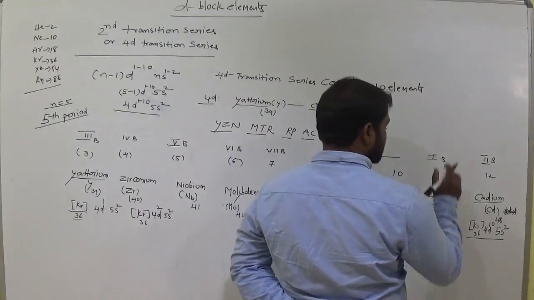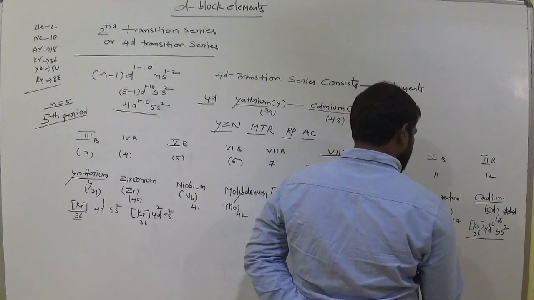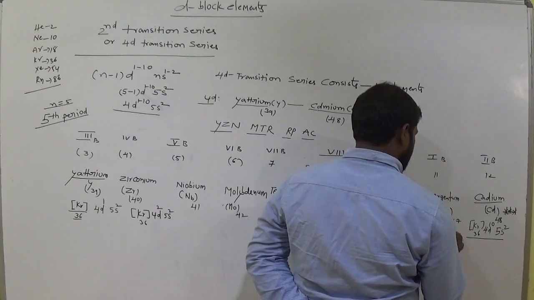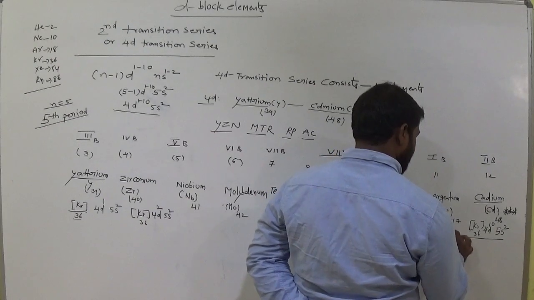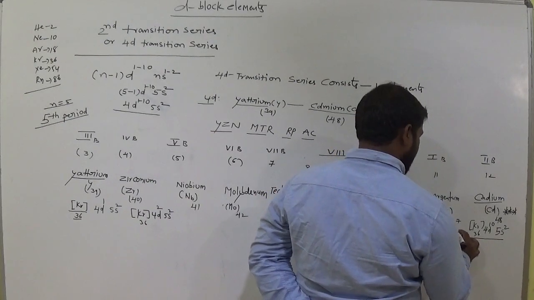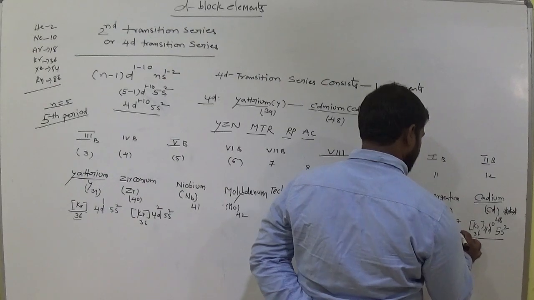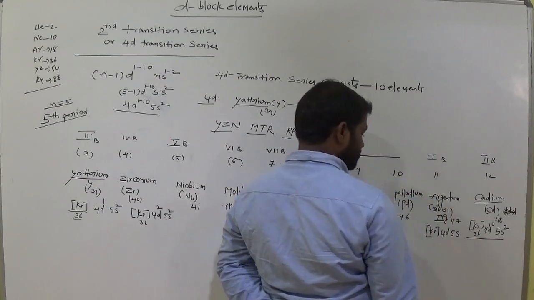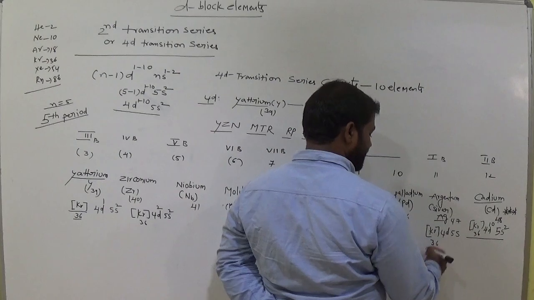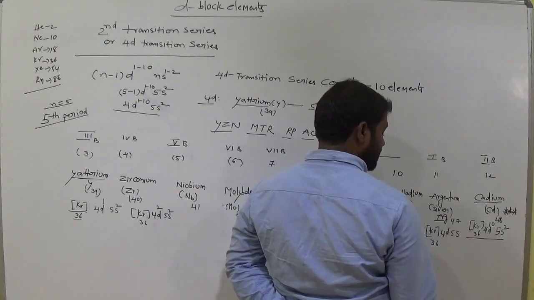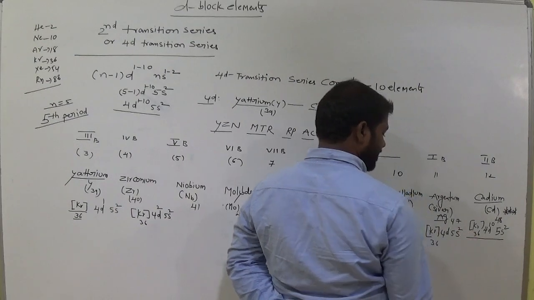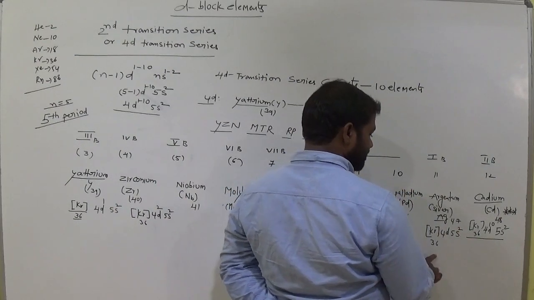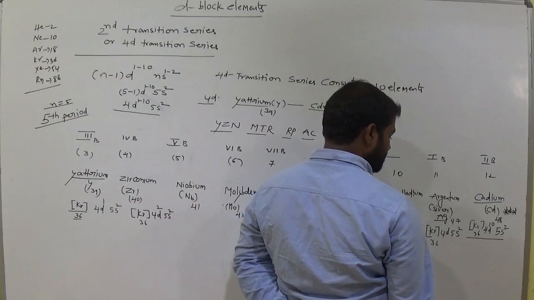In argentum, we can write krypton, 4d and 5s. So how many electrons here? Krypton 36, clear. In the 5s, how much? 2 electrons. 36 plus 2, 38.